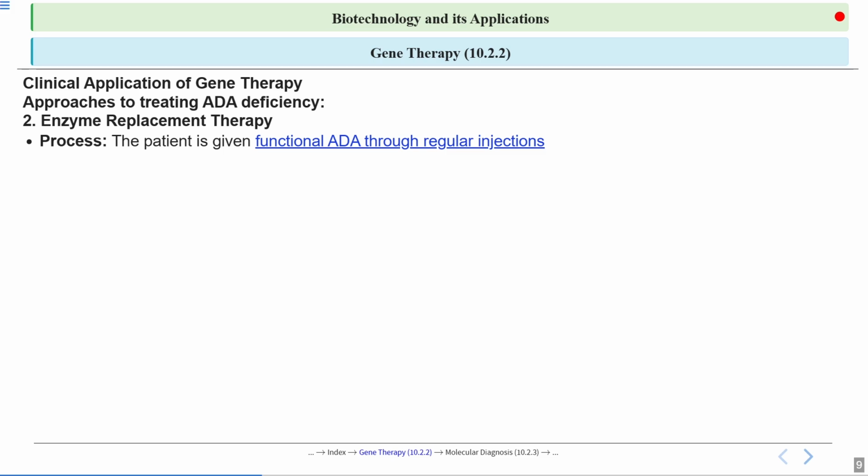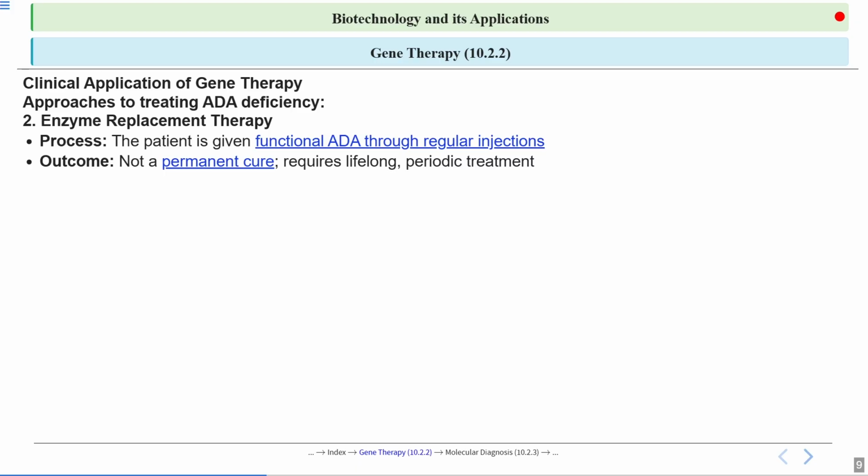Doctors give the patient the ADA enzyme which is functional, through injection. But you have to give that injection regularly, because the cell is not producing this ADA. You are giving it through injection, so you have to give it at regular intervals.